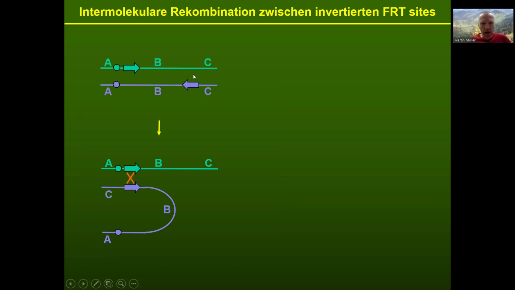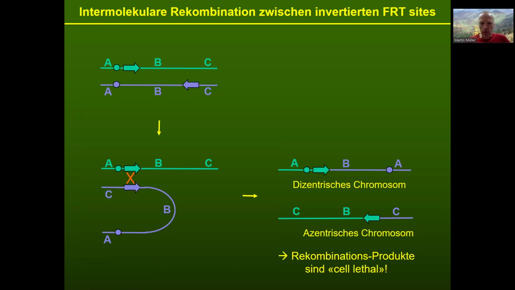The chromosome has to kind of turn around a little bit so that the FRTs are aligned in the same direction. And as a consequence, you get a dicentric chromosome and an acentric chromosome.